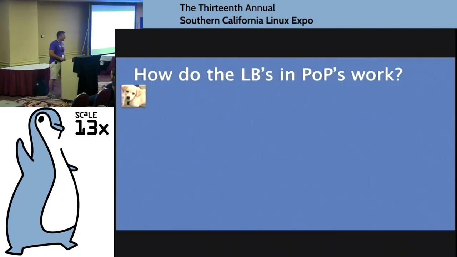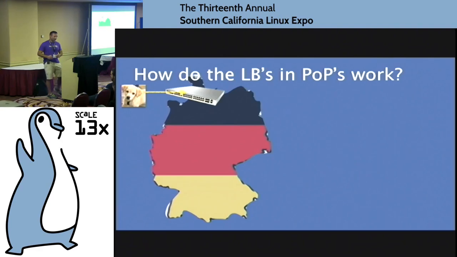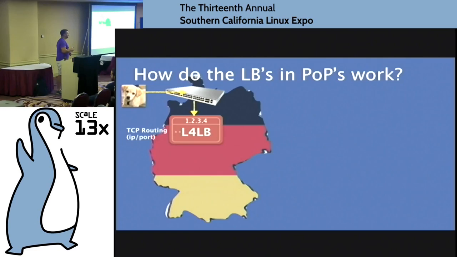So how do the load balancers and the POP actually work? Here's an example of a user in Germany that's going to Facebook. Their packet comes in, goes through the top of rack switch, and gets ECMP'd to one of the L4 load balancers. This might look familiar.